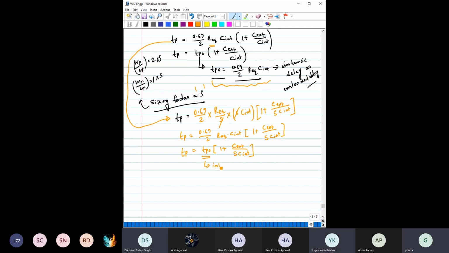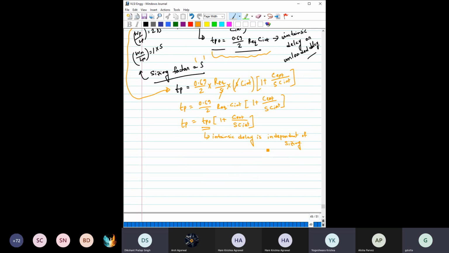So we can write intrinsic delay is independent of sizing, right? Okay.